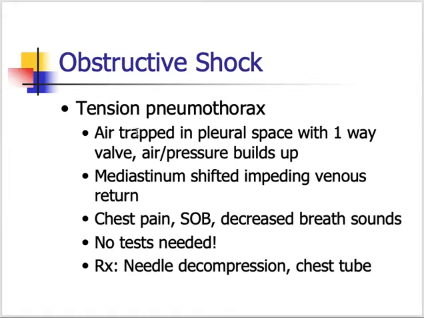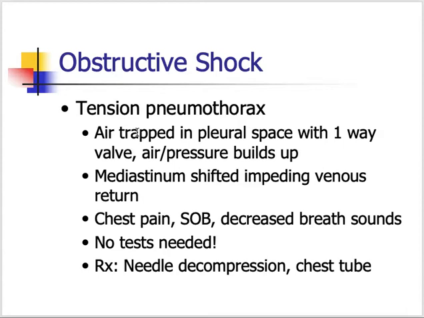In cardiac tamponade, there is a collection of fluid around the heart, which does not allow the heart to expand or relax. When the heart cannot relax, it cannot fill up properly, and so it cannot pump properly. In tension pneumothorax, air is trapped inside the pleural cavity, which causes pressure on the other side of the lungs as well as on the heart, and the heart cannot pump properly.